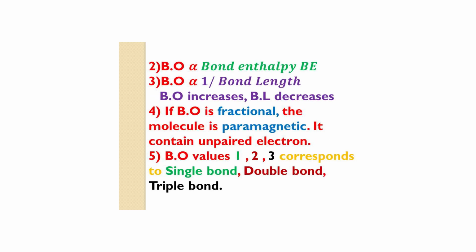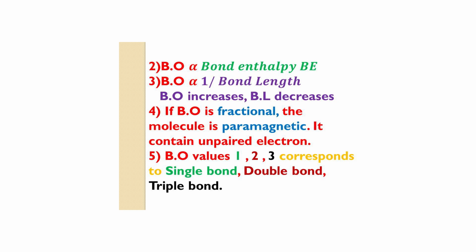And second, the bond order is directly proportional to bond enthalpy or bond dissociation energy. That is, as bond order increases, bond dissociation energy also increases. And third significance is bond order is inversely proportional to bond length. That is, as bond order increases, bond length decreases.